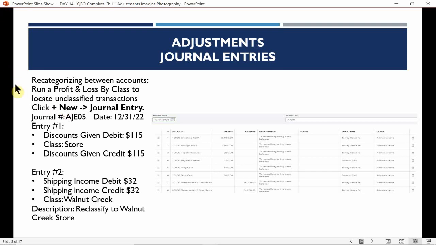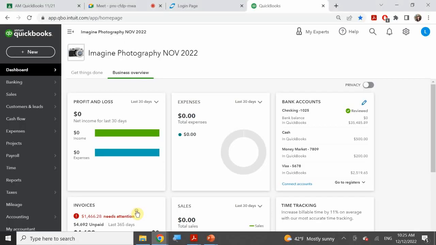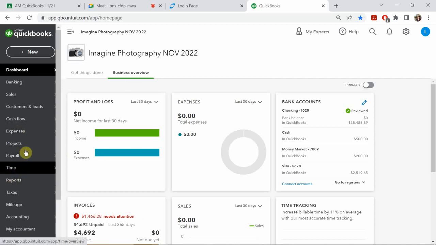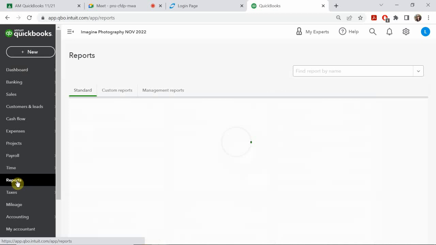So in this case right here, we're going to go ahead and run our profit and loss by class and determine that non-specified list, or in this case, something that wasn't classified. So let's go ahead and run reports.